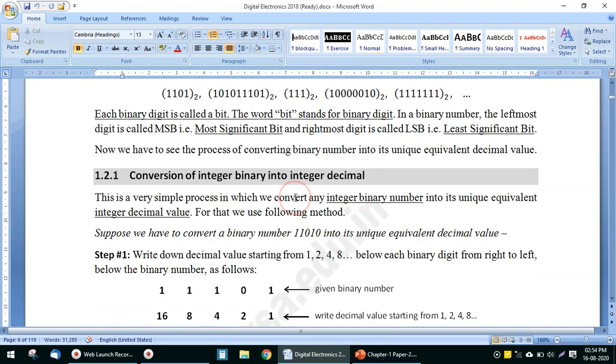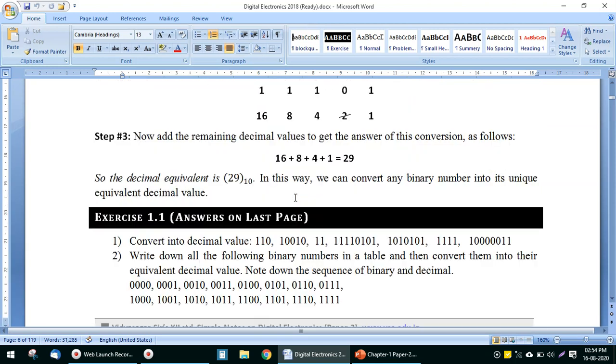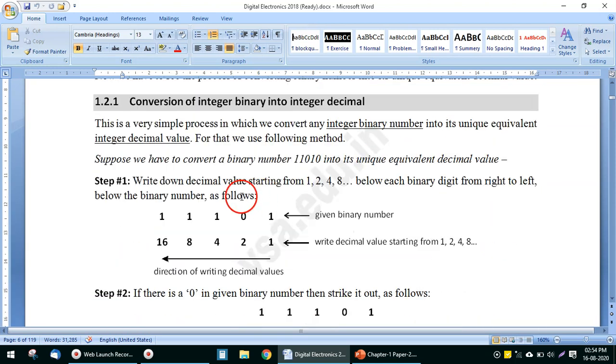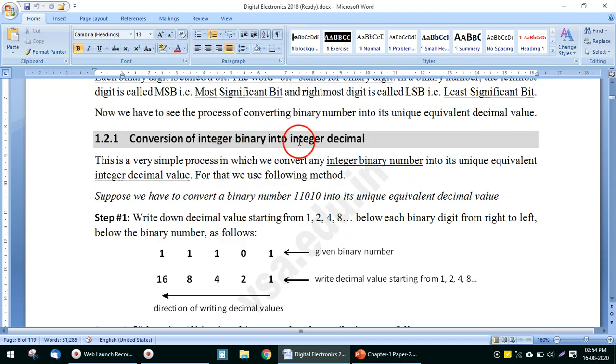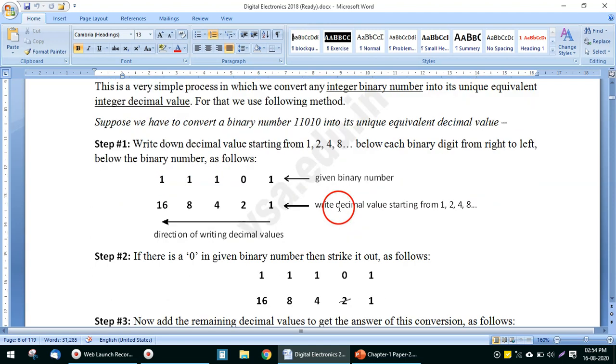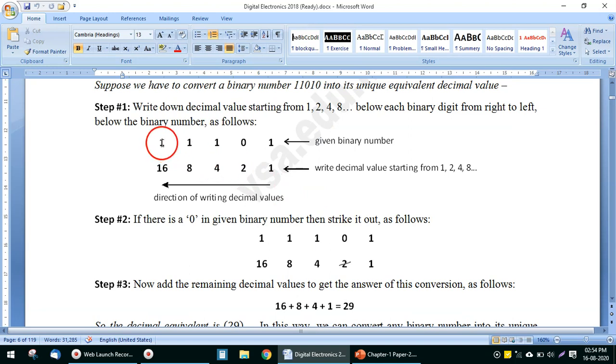Here we have studied how to convert the given binary number into its unique equivalent decimal value. Conversion of integer binary into integer decimal. We wrote first this number 11101, then we wrote the decimal values below each digit, below each bit, that is binary digit: 1, 2, 4, 8 and 16, like that.